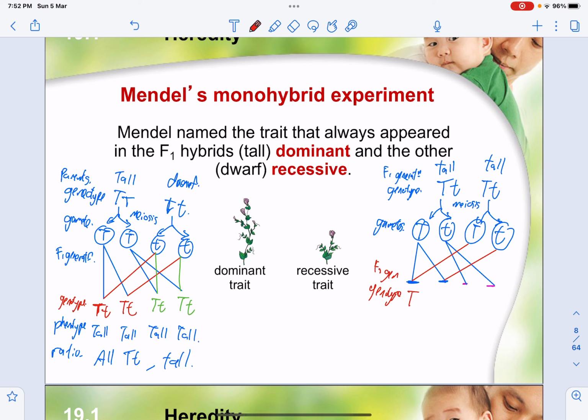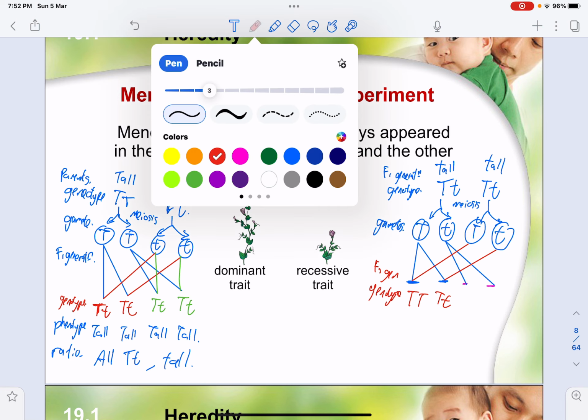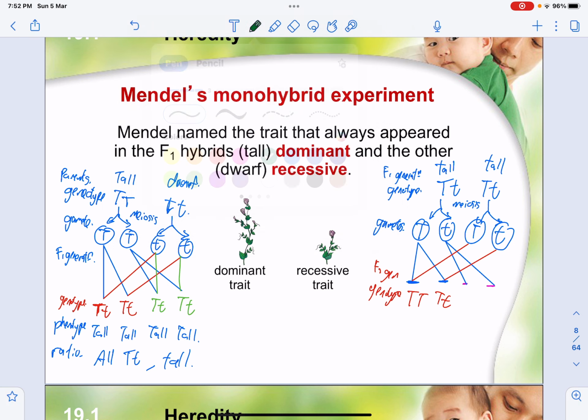So capital T, capital T, capital T, small t. Then the other one, if you match it up, I tend to combine them. I tend to put them at the same point here so that they are also neater.